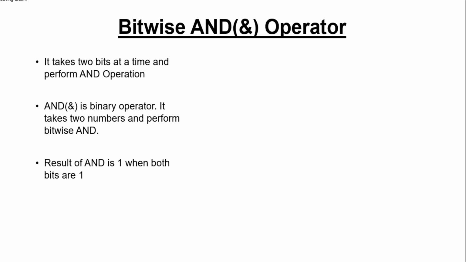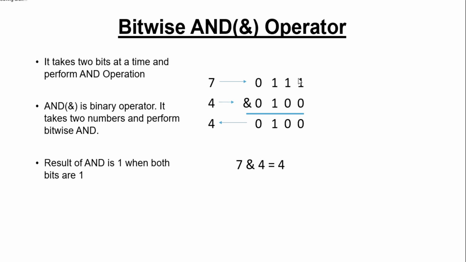Suppose we have the decimal numbers 7 and 4. Here is the binary representation of 7 and here is the binary representation of 4. As we have seen, when we perform the operation, only when both the bits are 1 will the result be 1. So here you can see 1 and 0. One bit is 1 and another bit is 0, so the result will be 0.